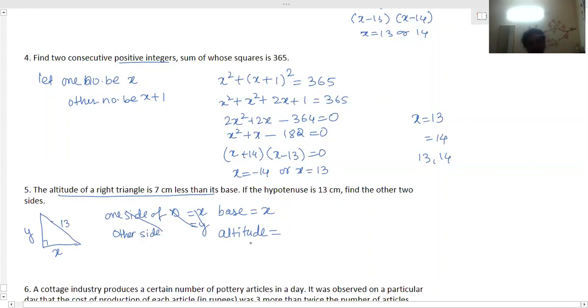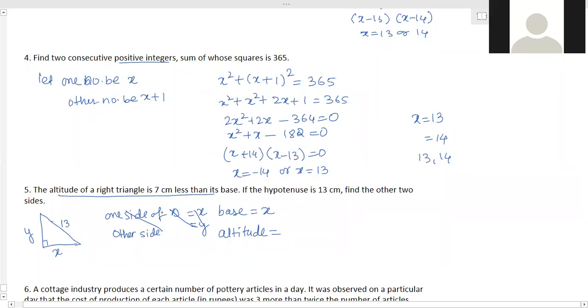Altitude is 7 less than base. Can't write? Tanushree, what is the value of altitude? If base is x, 7 is given directly. Altitude is 7 centimeter? No, ma'am.